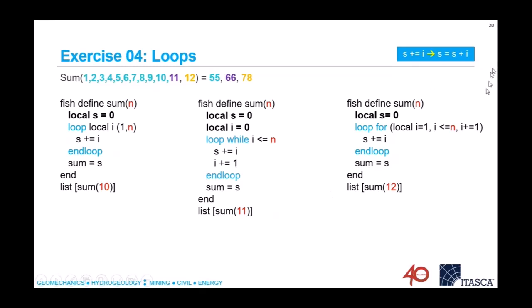But here, it is adding 1, but I could make that 2. I could make that -1. So I could start at 100 and count down. So it's just a couple helpful little tools for looping through numbers. There are ways to loop through objects in the model as well.